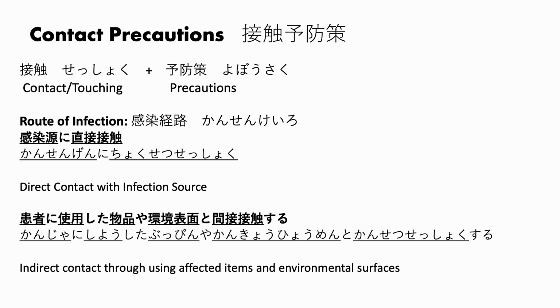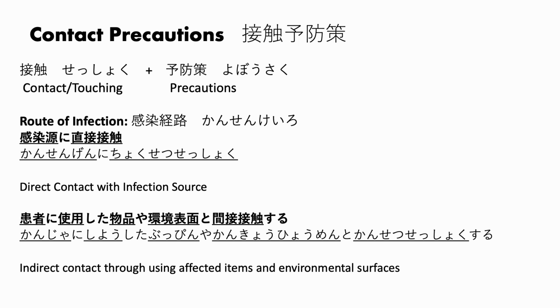Now let's look at the route of infection, or how you can get infections that contact precautions help prevent. So the word for route of infection is kansen keiro, which we touched on earlier as it makes up part of the word for transmission-based precautions, kansen keiro betsu yobosaku. So one of the routes of infection is kansen gen ni chokusetsu sesshoku, or direct contact with the infection source.